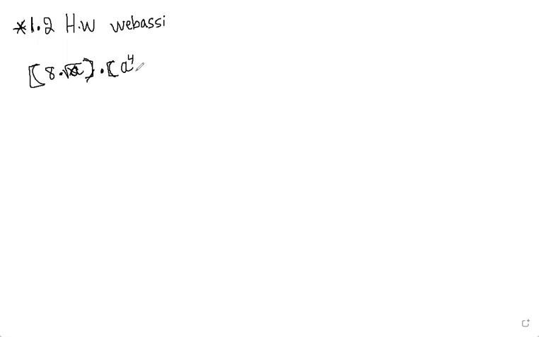So it's under the 4 over 3, right? Like this. Okay, let me write it again. So open parentheses, 8 times the square root of a times a to the 4 over 3.